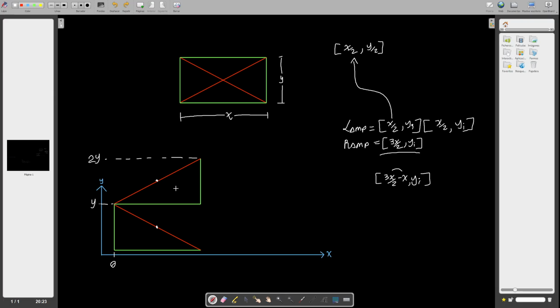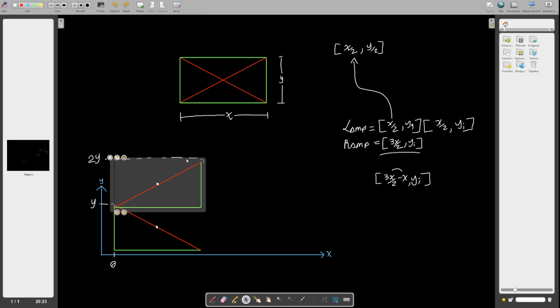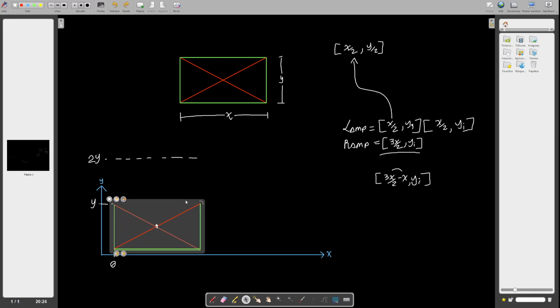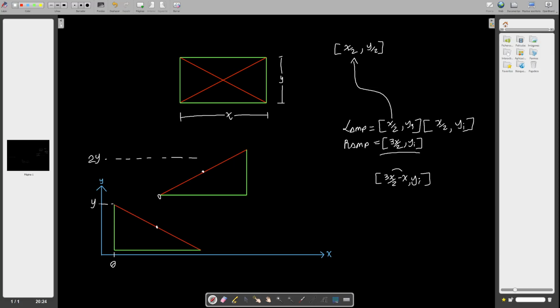We just apply the same. What do I have to do? How was the original disposition or location of these two triangles? In the rectangle they were here, so this corner was matching with this one, and this corner was matching with this one.